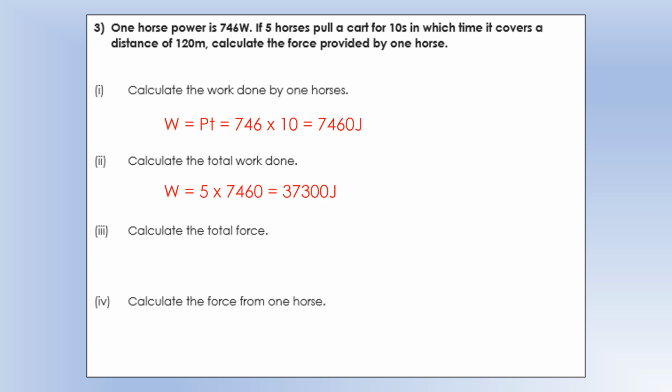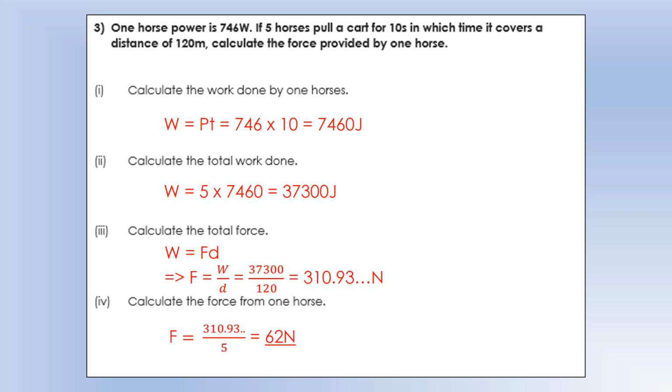For 5 horses, we multiply that by 5. To get the total force, we're going to do work done divided by the distance. And then we want the force from 1 horse, so we're going to divide that by 5, and that completes looking at this question and looking at work and energy.